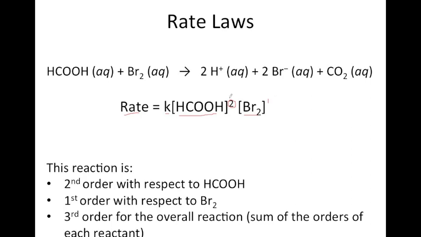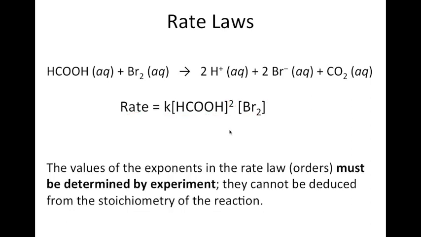Now you may be asking, well, where do these exponents come from? Well, we'll show you that in just a minute, but it's very important to appreciate that the value of these exponents or the orders must be determined experimentally. You cannot determine what the orders of the reaction are just by looking at the balanced chemical equation.